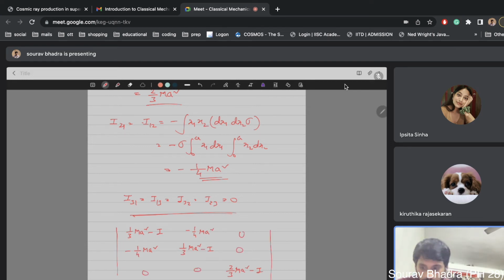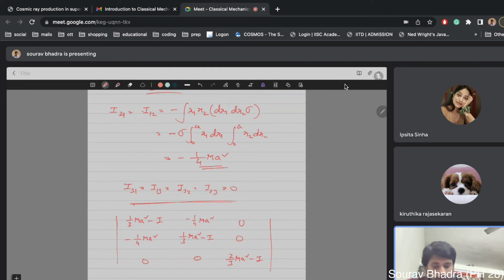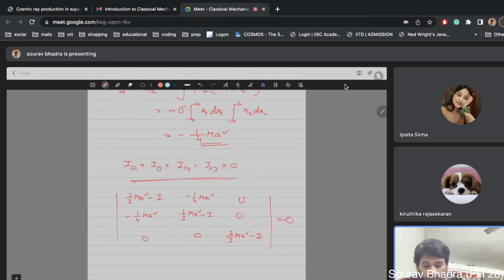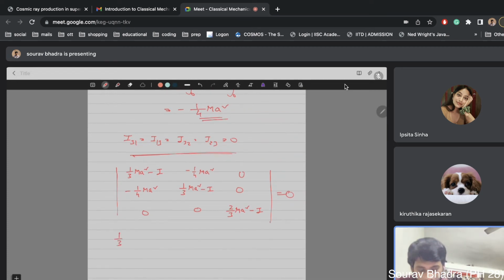This is equal to 0, this we have to calculate at first. Now it will give you 1/3 m square minus I, just the expansion of a determinant, I minus 1/4 m square, minus 1/4 m square, times 2/3 m square minus I equals to 0.